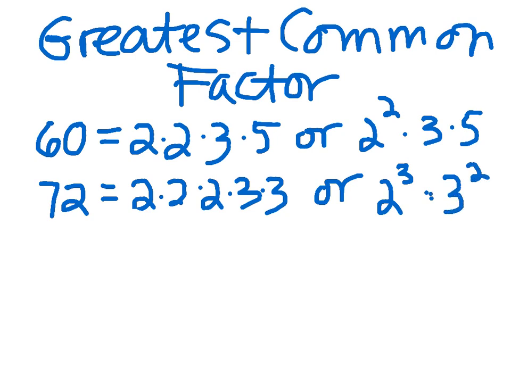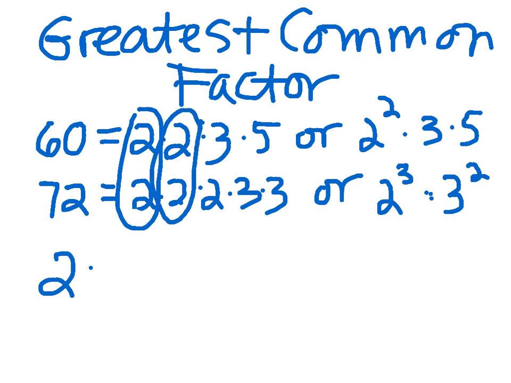Well, we could list all the factors of 72 and then go down the list and figure out which one is biggest. But by looking at the prime factorization, I can see that they each have one 2 that matches up, so they have a 2 in common. They also have another 2 in common.